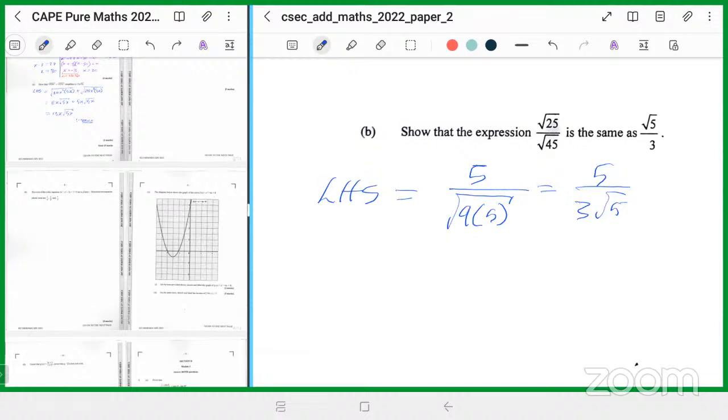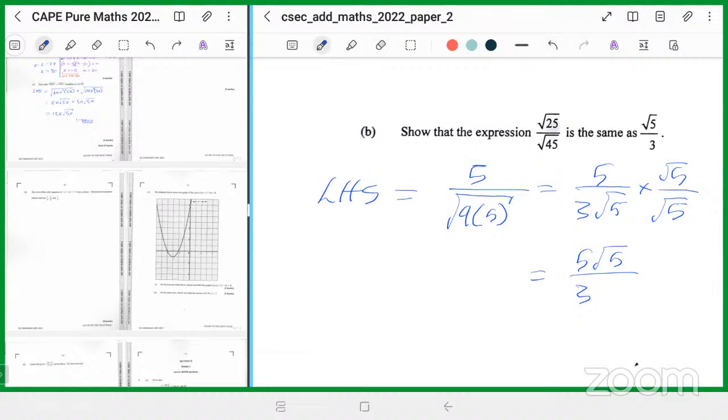Then now to get rid of this, I need to multiply numerator and denominator by root 5. I don't want root 5 on here. So I'm going to multiply numerator by root 5, multiply the denominator by root 5. And what happens is that this root 5 times this root 5 is 5. I made a mistake. This root 5 times this root 5 is a 5. So it's supposed to be a 5 on here.